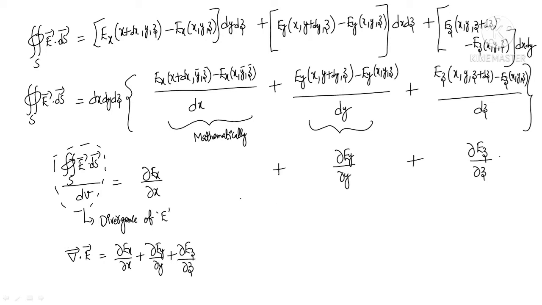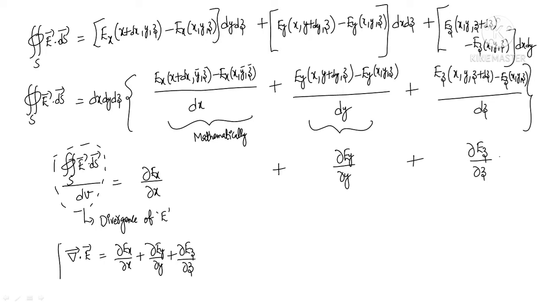Another way is, if you know the expression for electric field intensity, by differentiating the electric field intensity expression like this: dou Ex by dou x means differentiation of the component of electric field intensity along x with respect to x, differentiation of component of electric field intensity along y with respect to y, like that dou Ez by dou z.